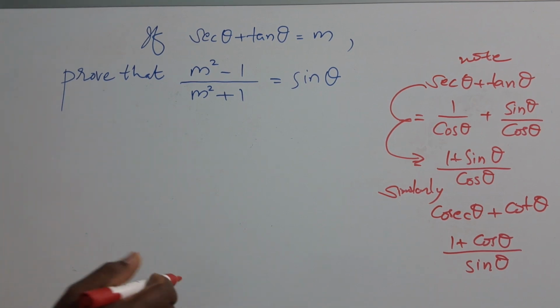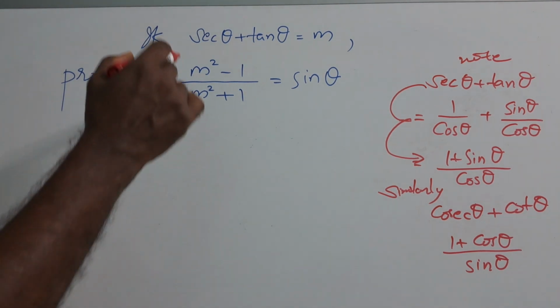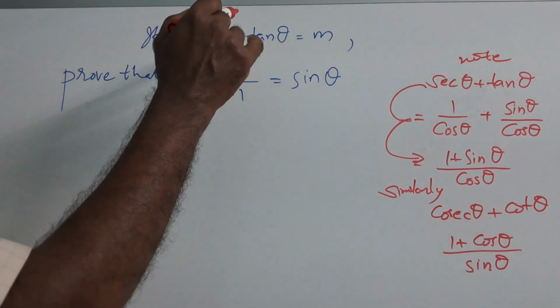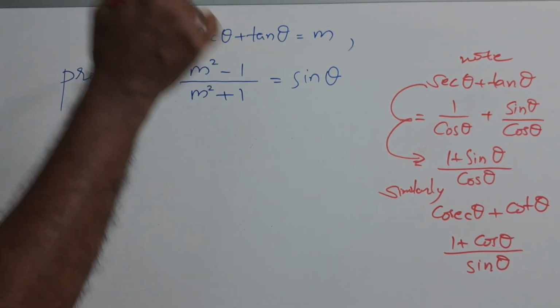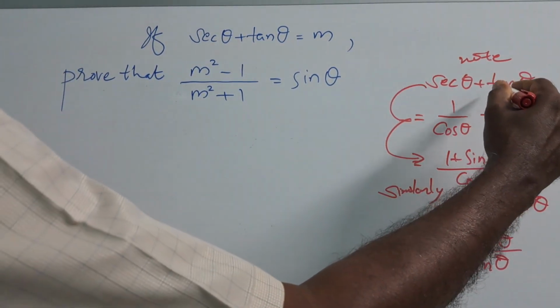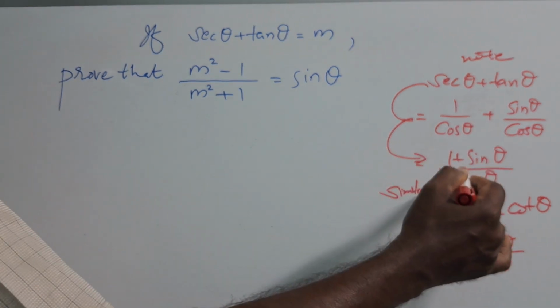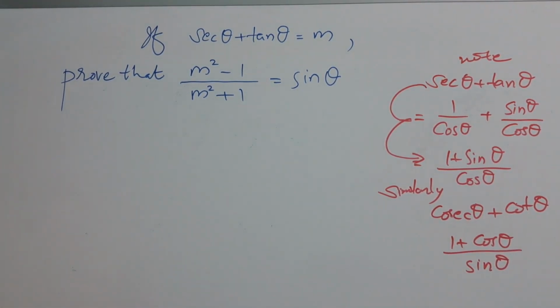You can either solve this problem by taking sec theta plus tan theta as m directly, or you can make some changes as I have done here. I think it is a better way to solve this problem.